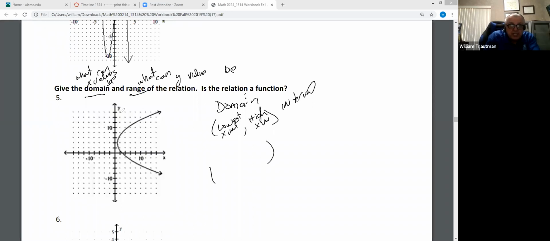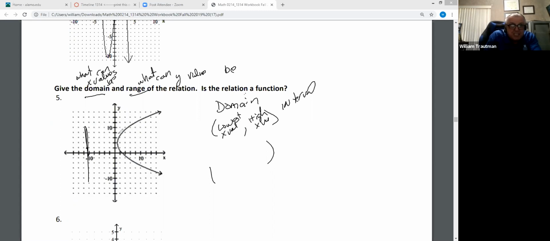So if you look at this graph, when I draw a line here, there's no graph over here. Do you see X = -10? There is no graph. So -10 is not part of my domain.